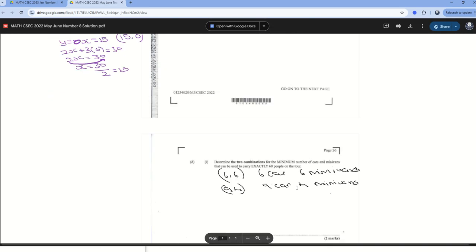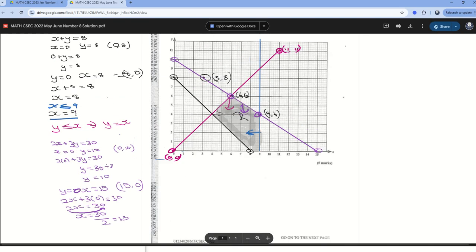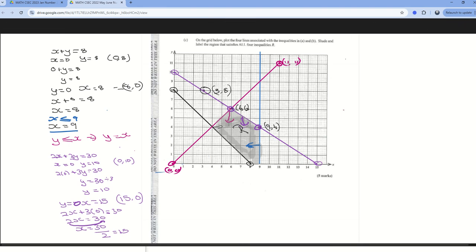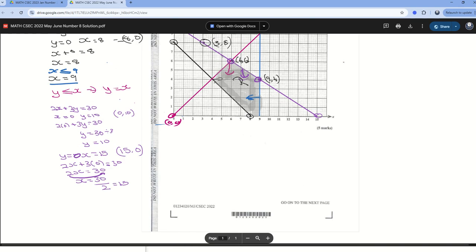Then we have determine the two combinations for the minimum and maximum values, which are always at the vertices of the polygon that is formed. So you see where they all have everything in common, you're looking at the vertices. So we have this vertex here, this vertex here, this vertex here, right? So you're asking what is the minimum and maximum number of cars. If you look at this here, you would have 4 and 4.